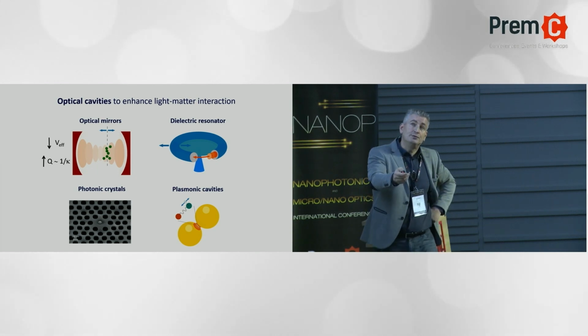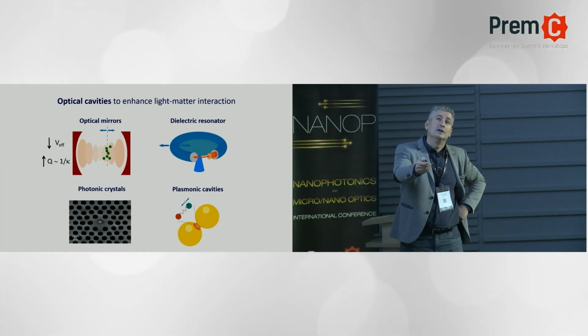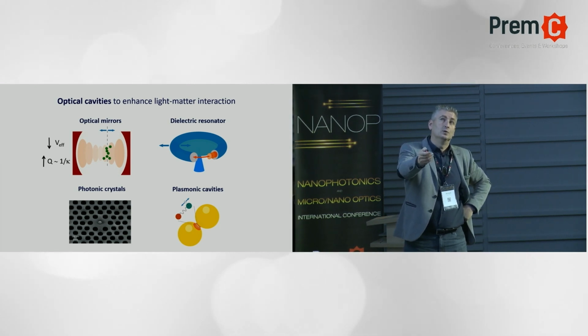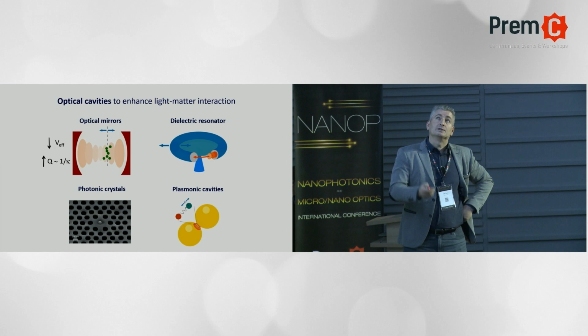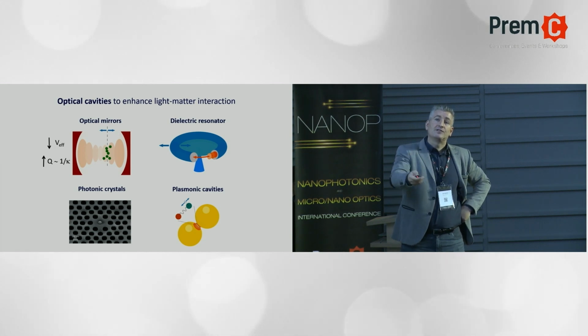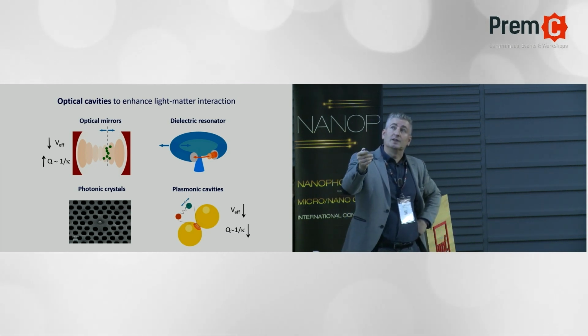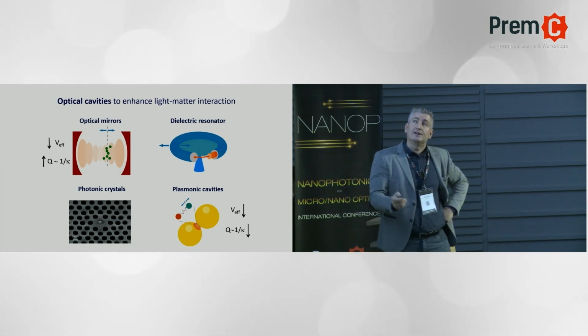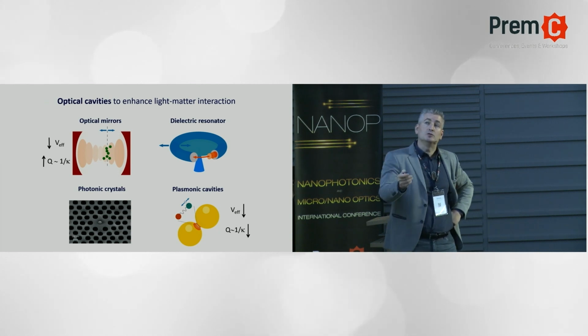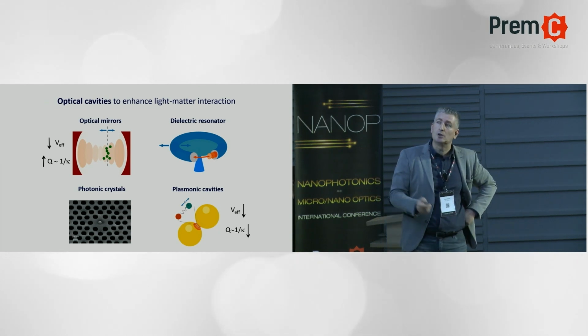So we try to improve this higher quality factor and reduce the effective mode volume, or the field enhancement, in other words, acting on the particle. And then through refractive and reflective optics, we have tried to reduce this and get into the plasmonic cavities that, thanks to the condensed matter excitation of the free electron gas, reduce the effective mode volume to sub-diffraction volumes.